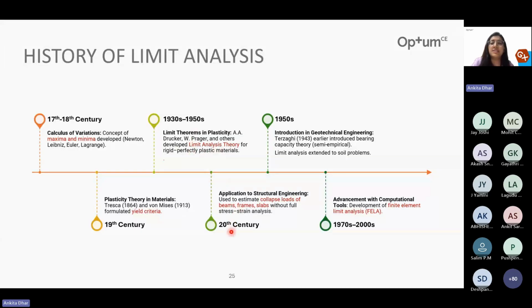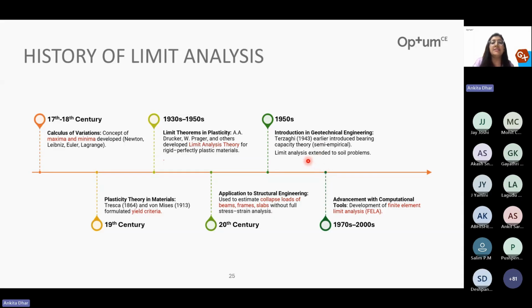Then in the 20th century, these were widely accepted and used in structural engineering. To estimate the collapse load of beams, frames, and slabs, limit analysis is used. During the same time, Terzaghi developed the bearing capacity theory that we discussed a few minutes back.